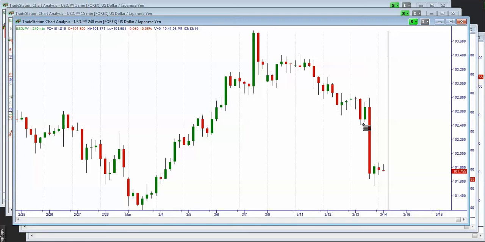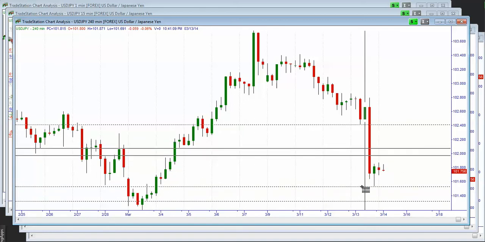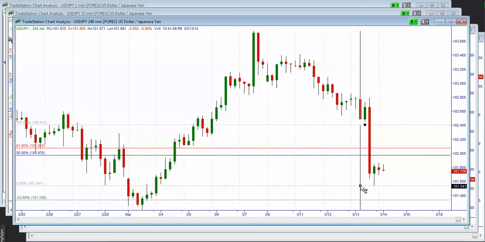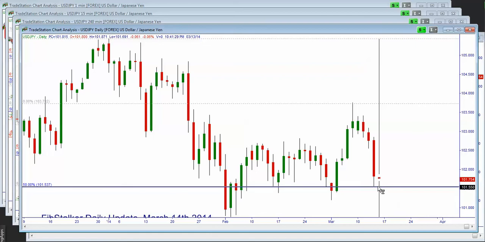And at this point now we have price in an extension, so it's possible that we're going to retest this 101.97, 102 basically. So on the daily chart we have price that reacted at that 101.53 level. Look at this again.